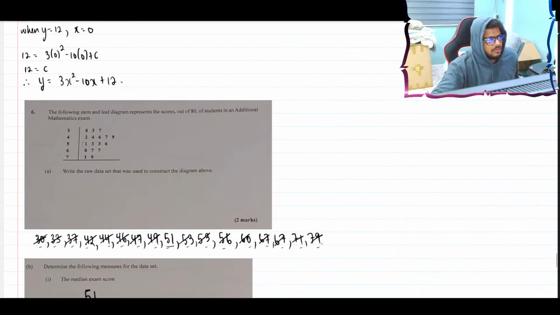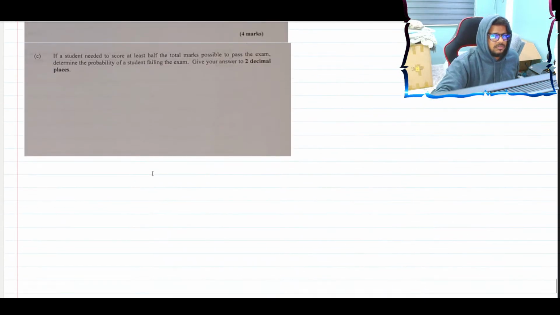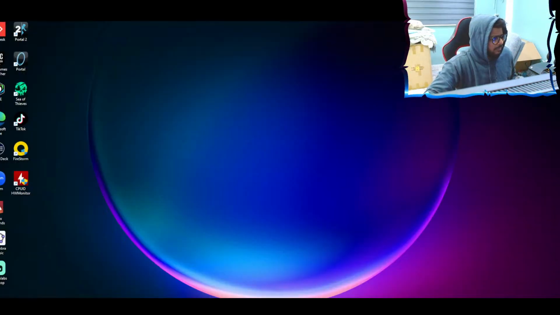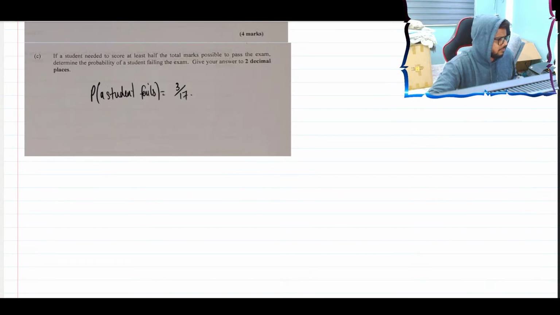Well, 39 and less. 3 students, 3 out of 17. So the probability that a student fails is just 3 out of 17. Correct. Yeah, the probability that a student fails is 3 out of 17.